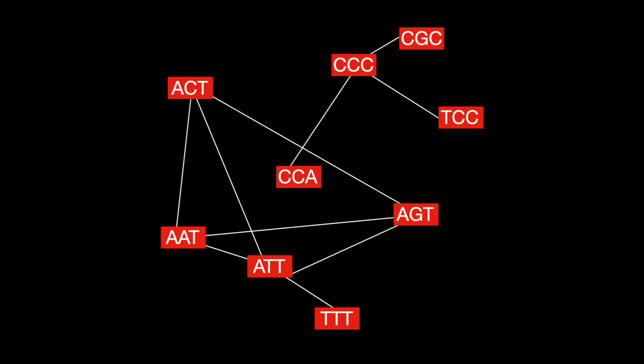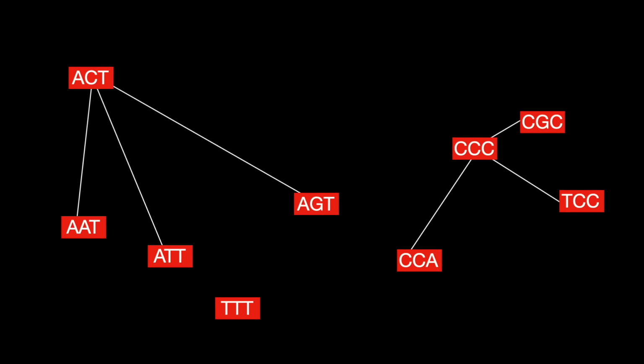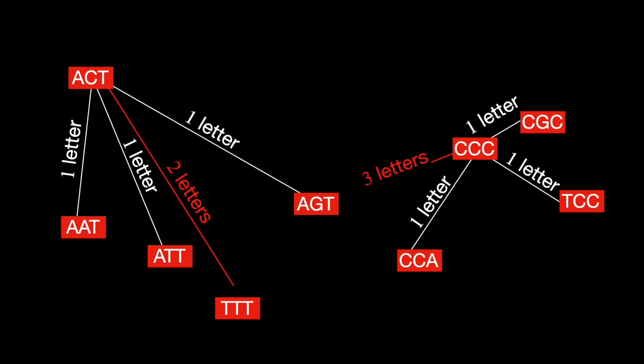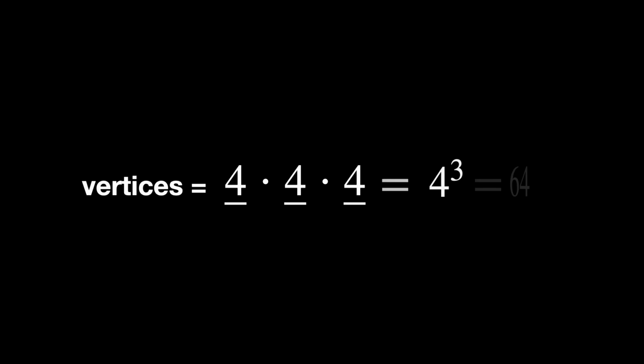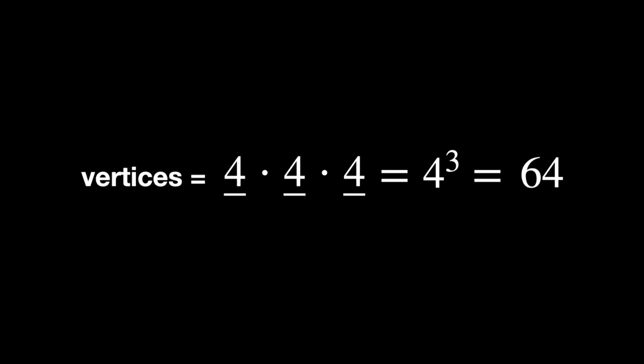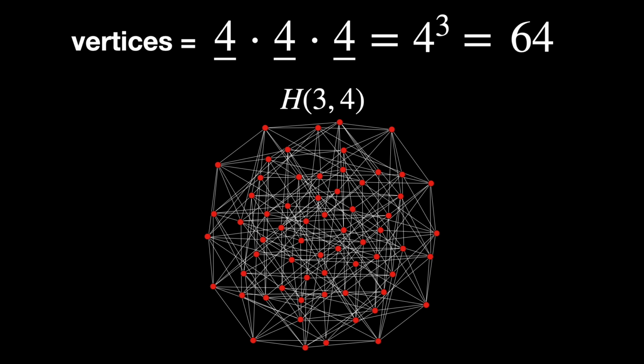Two vertices are connected by an edge if they differ in exactly one position. That's what's called the Hamming distance of 1. Using simple combinatorics, there are 4 times 4 times 4, so 4 to the power of 3 or 64 strings, and thus this graph has 64 vertices, each one representing a possible genotype.